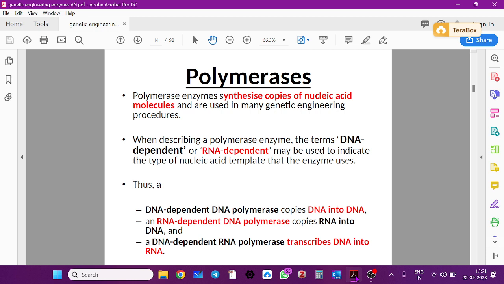As the name says, they synthesize. Earlier we were talking about destruction, now we are talking about construction.